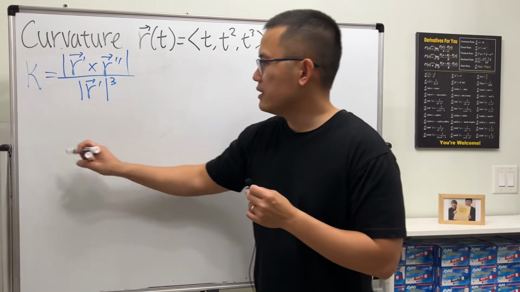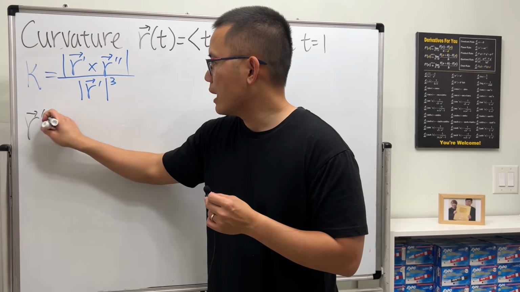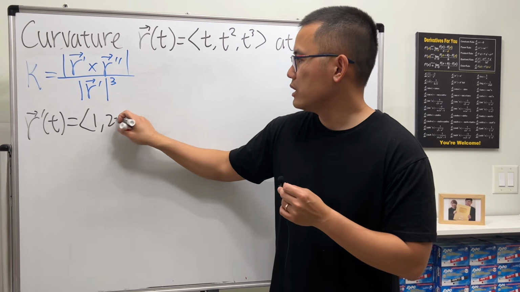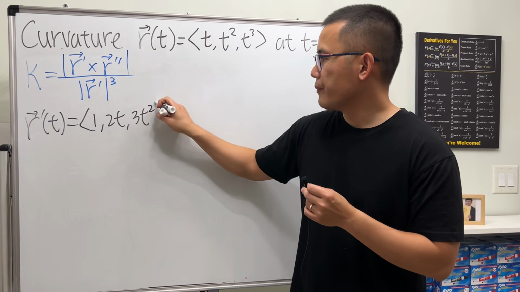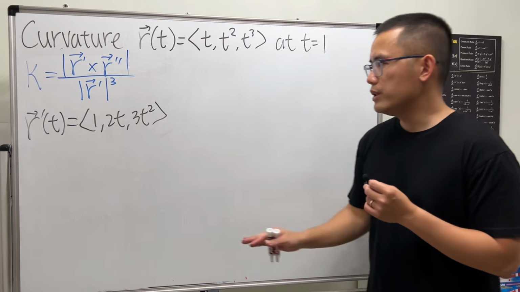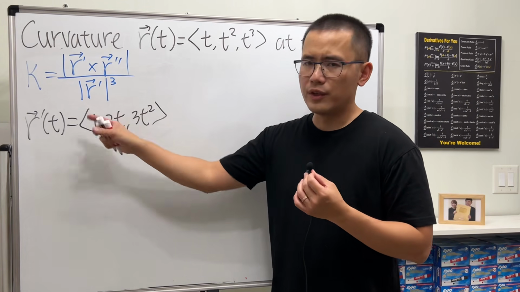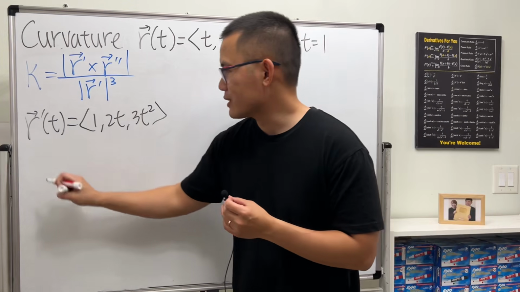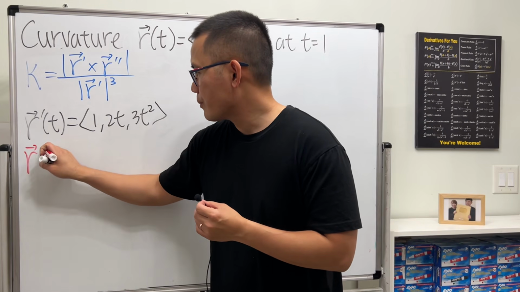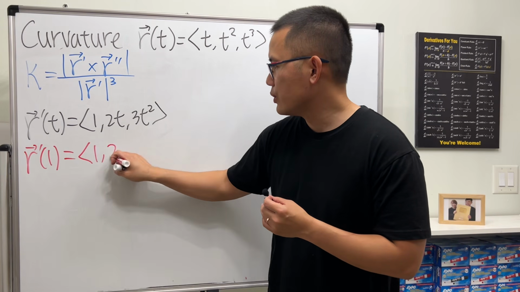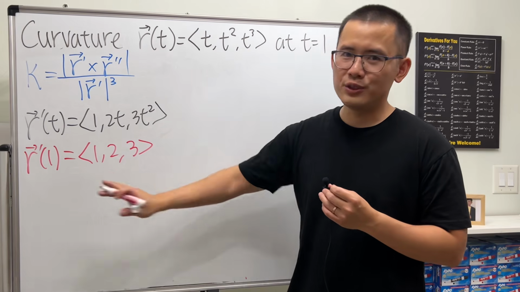Look at this and take the first derivative. R prime of t is just going to be 1, 2t, 3t squared. Because we care about when t is equal to 1, you really don't have to work with the variable version. You can just plug in 1 and work it out later. So r prime of 1 gives us 1, 2, 3, which is much easier.